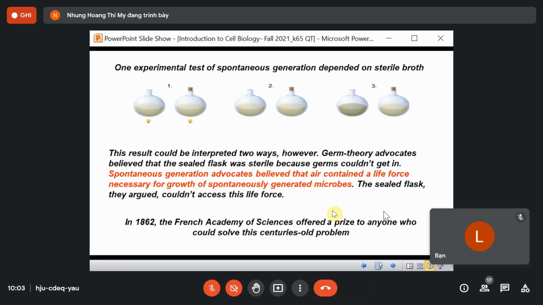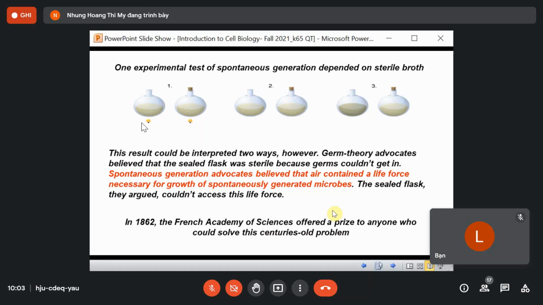So they use two glass bottles, as you see here. One bottle is sealed, and the other is open. Both bottles contain highly nutritious solutions for cells, like bacteria, to grow.